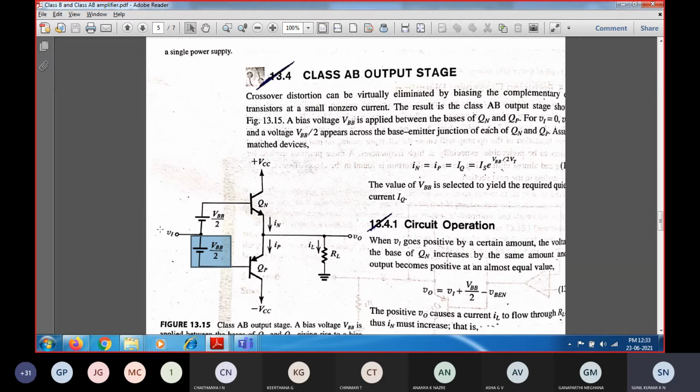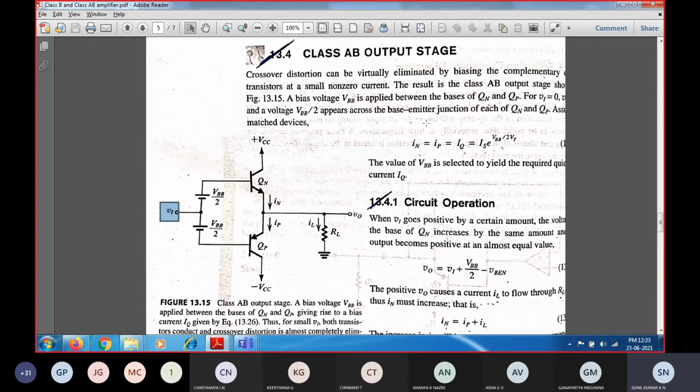So during the negative half cycle of the input, you get an output proportional to the input voltage starting from zero itself. As you increase in the negative direction, the output also increases in the negative direction.